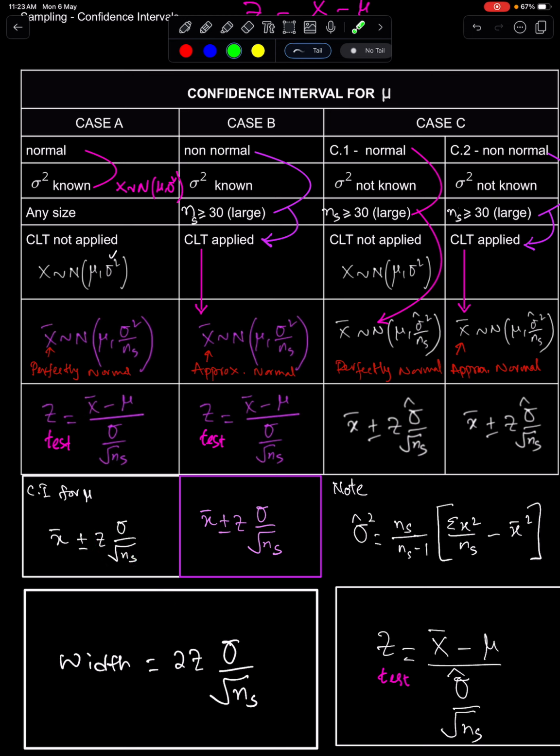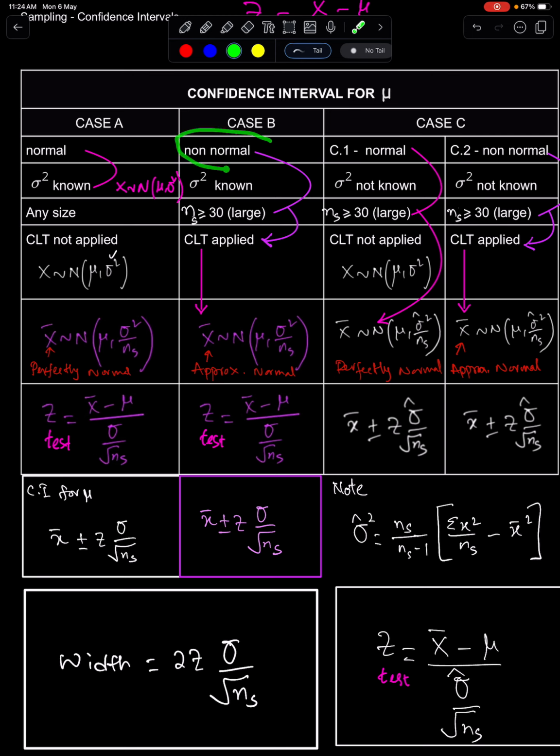Case B. The population is non-normal, sigma square is known, and sample size is large. With the help of these two pieces of information, non-normal and sample size large, this is the application of CLT. Whenever you find these two things in any question of sampling or testing, you have to apply CLT.